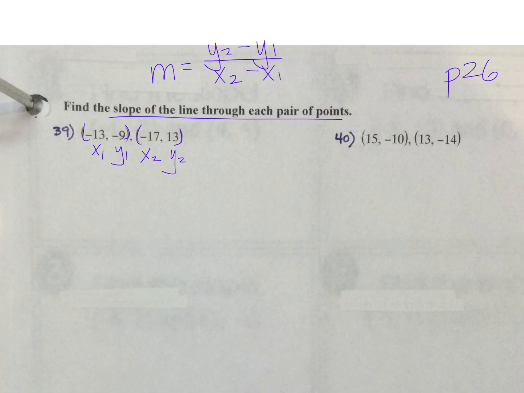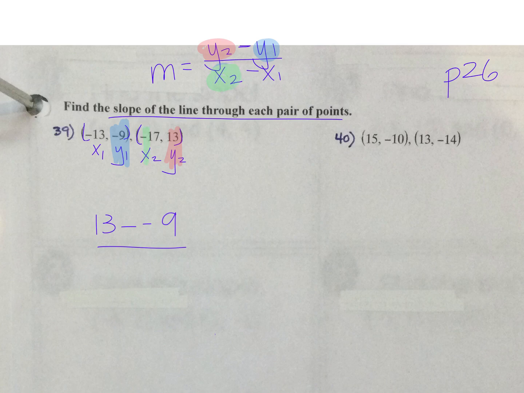So the formula says y2. I know that this is my y2, so I'm going to say 13 minus, because that's what the formula says, my y1 is right here, negative 9, divided by x2.